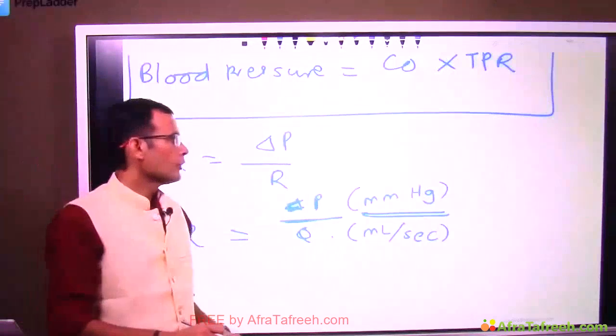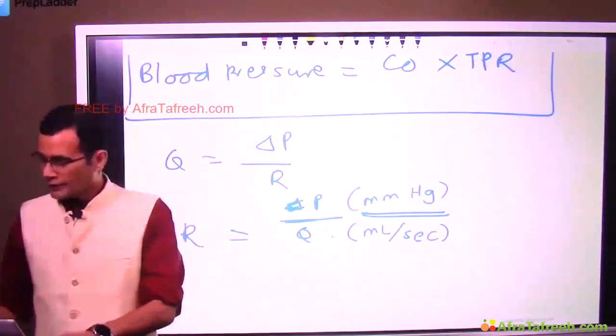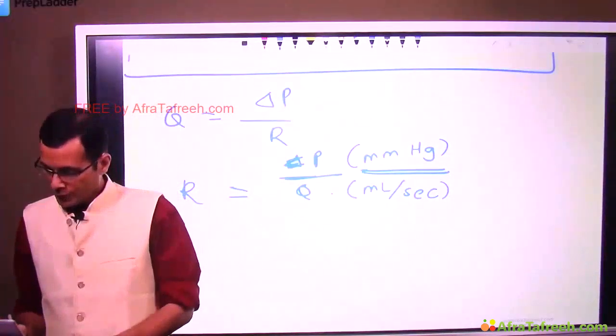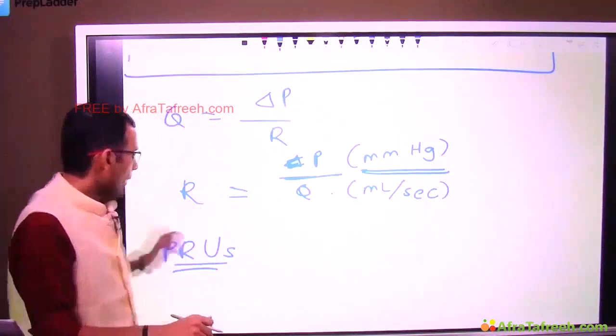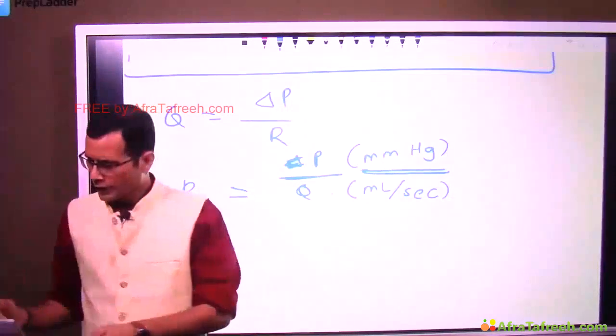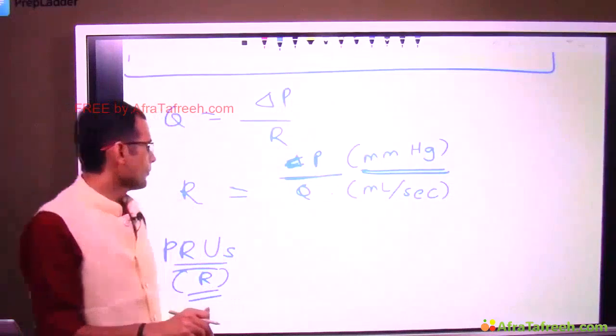Okay, so let me now define the peripheral resistance. Peripheral resistance is measured in terms of PRUs. PRU, peripheral resistance units, or simply it's called R units.